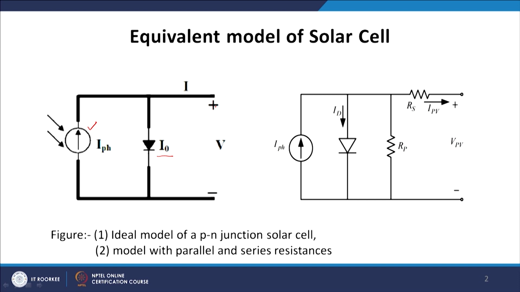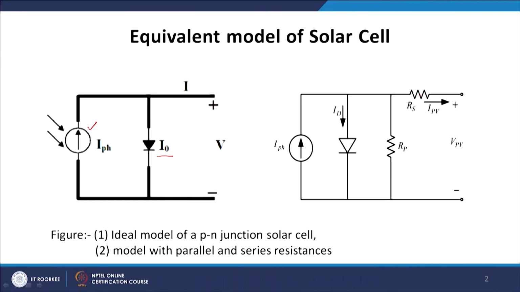But in a real or practical solar cell, there are different sources of resistance. It can come due to the metallic contact of the solar cell with the semiconductor, or due to the crystallographic defects which originate during semiconductor growth. So, because of all this, there can be different sources of resistance in this circuit.